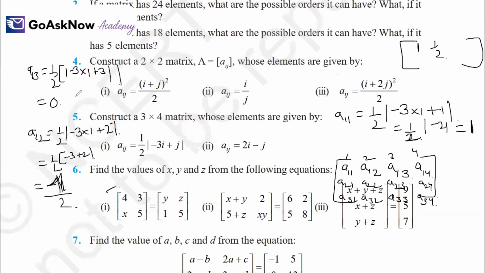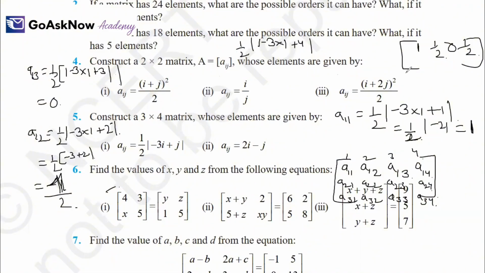So this is the 0 element for the third column and first row. And for the fourth one, you will get half mod of minus 3 into 1 plus 4. So you will get 1 by 2 here also.